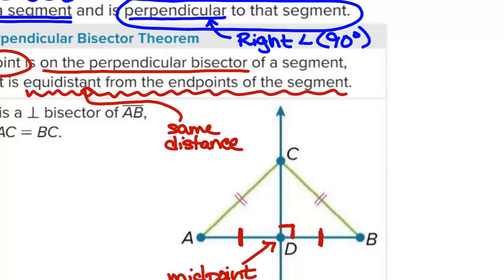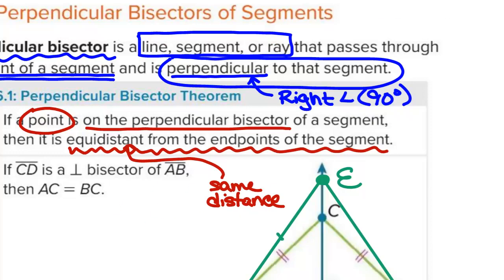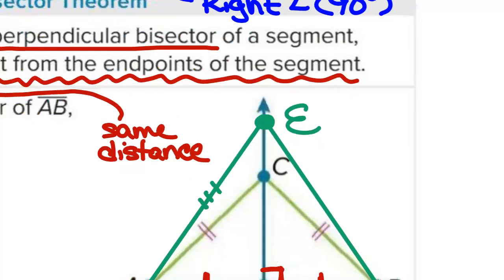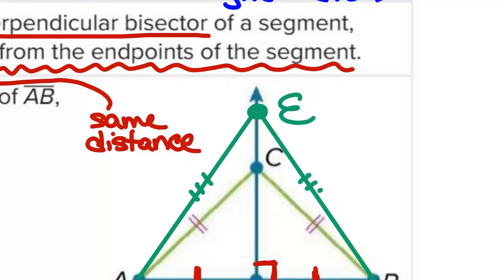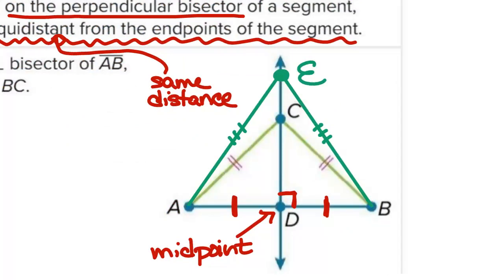If we put in another point on this line, like if I put a point E up here, this point E would be the same distance away from A that it is from B, because it is on the perpendicular bisector.